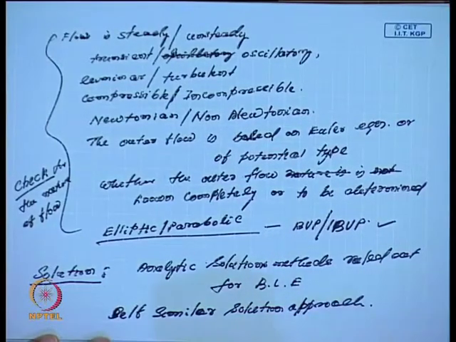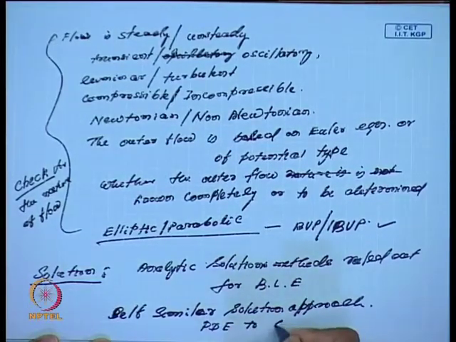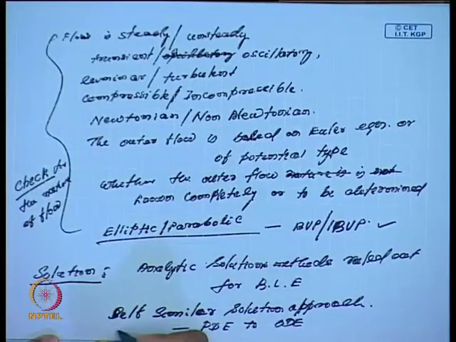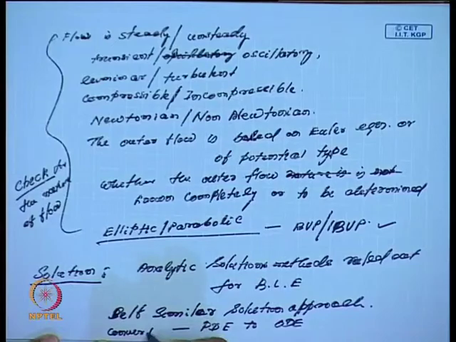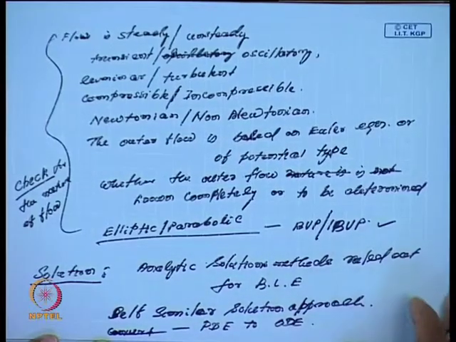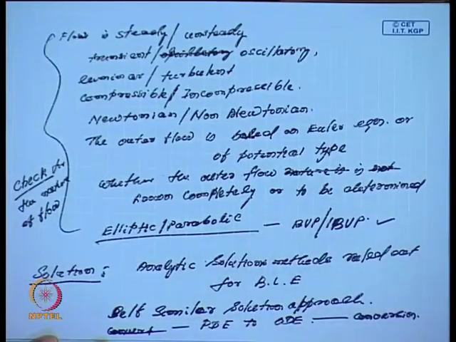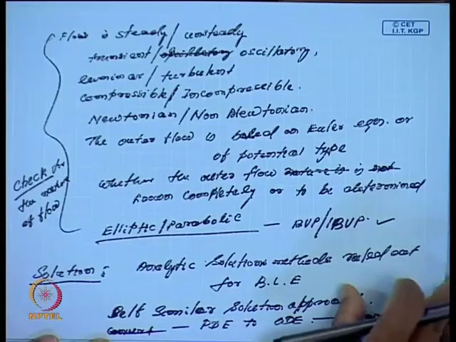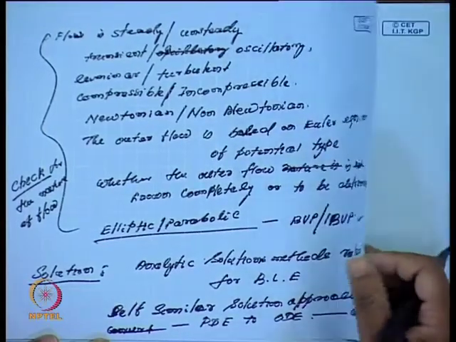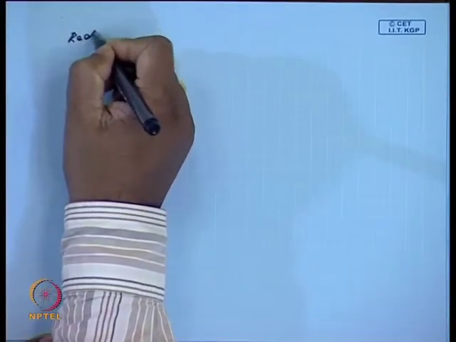Often we convert the partial differential equation to an ordinary differential equation. This conversion helps to a great extent, and in some situations it also reduces the number of variables.